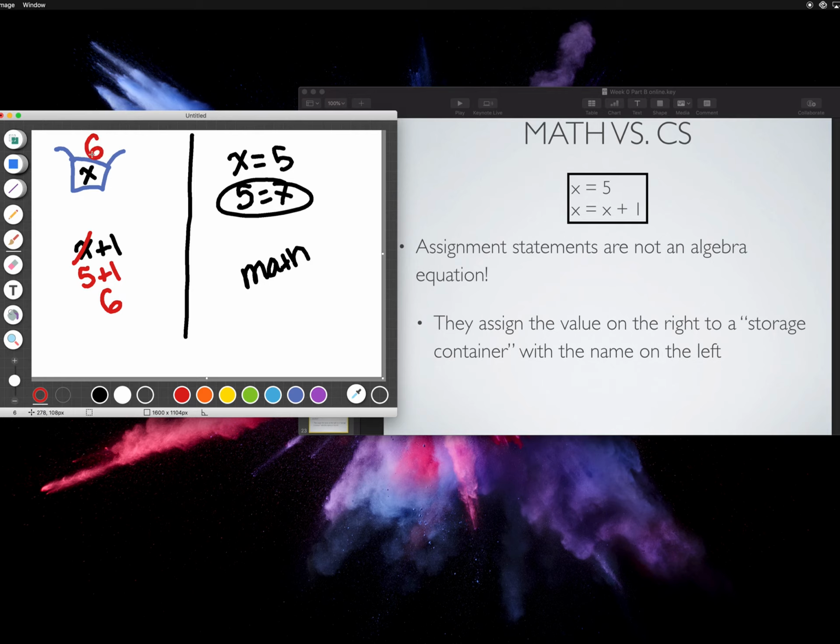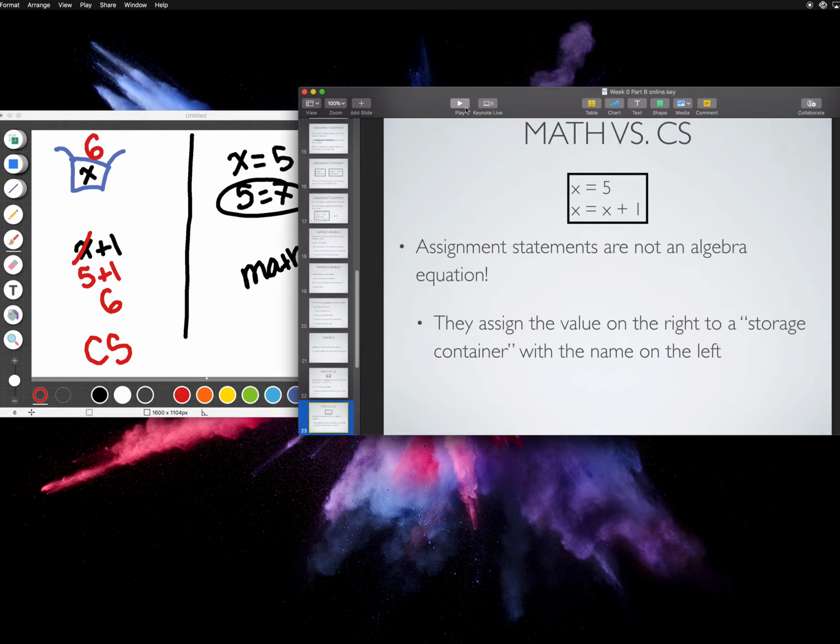So again, this is the computer science side. This is totally legal to do in computer science. These two lines of code, totally legal to do. Would not work in a math class.